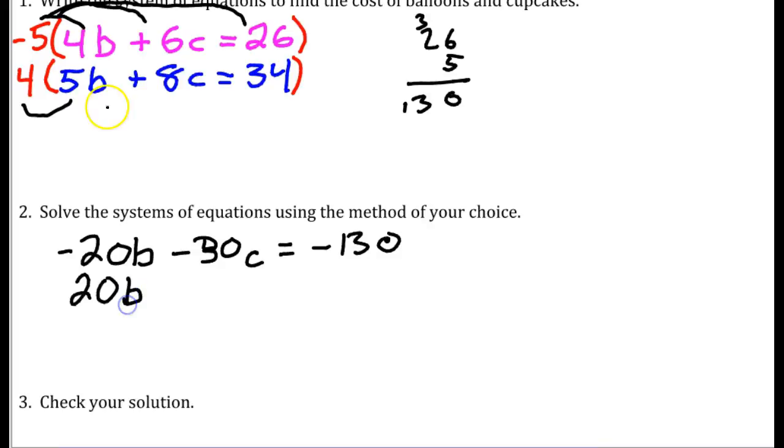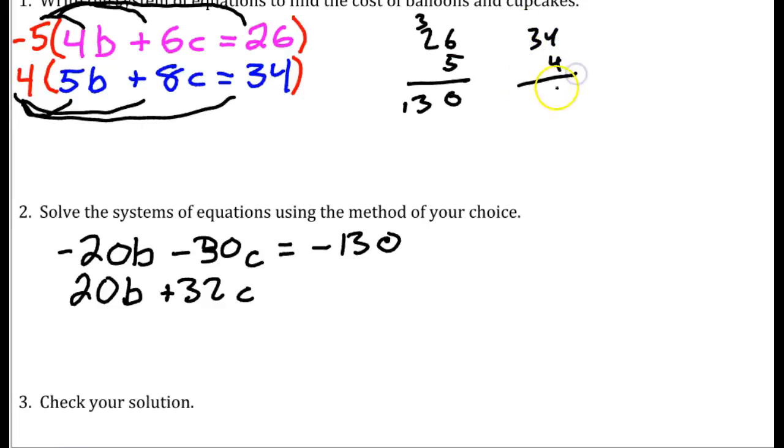20B. 4 times 8 is 32. 4 times 34 is 136.